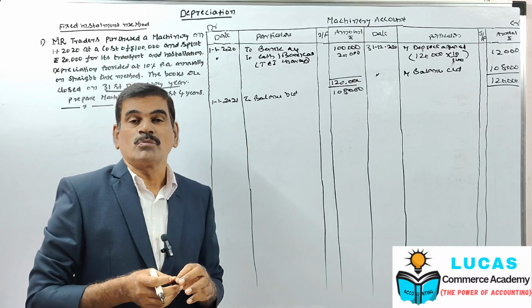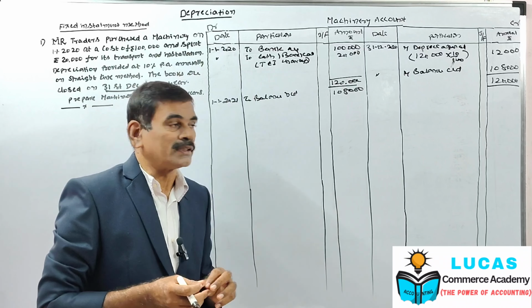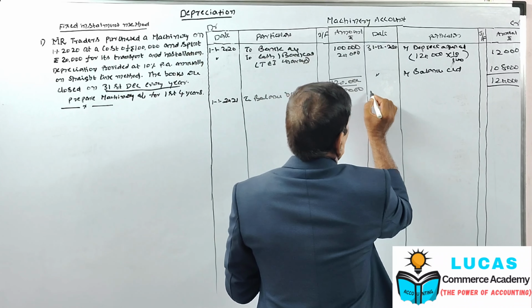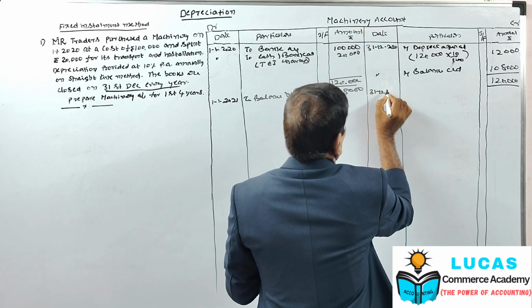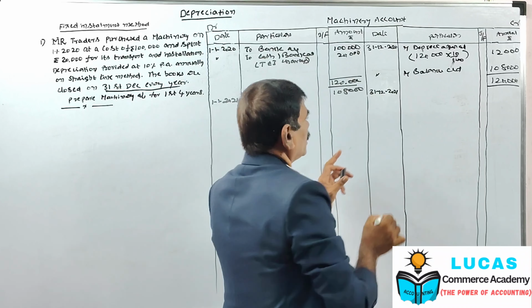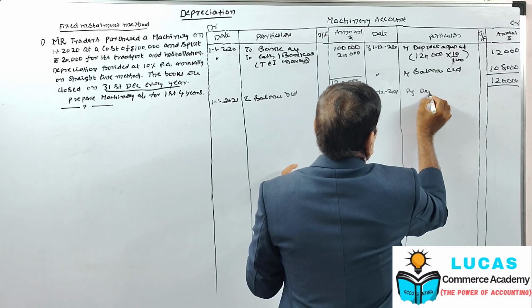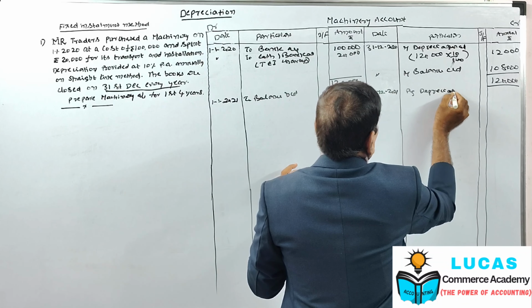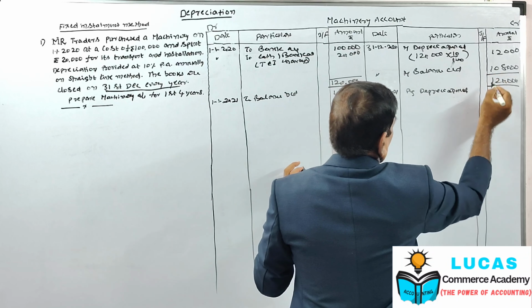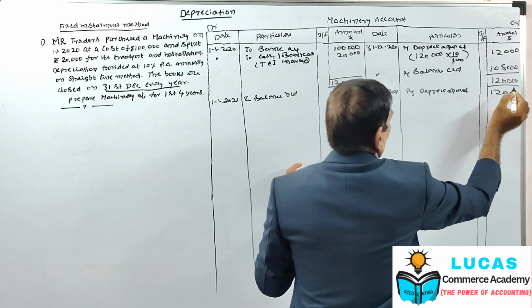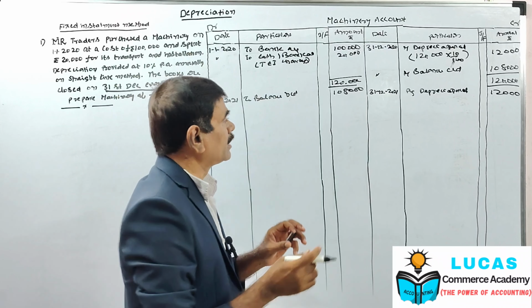Then we are going to provide a depreciation on 31st December. So that means 31/12/2021 by depreciation account, same 12,000. Under this method, the amount of depreciation is fixed for each and every year.